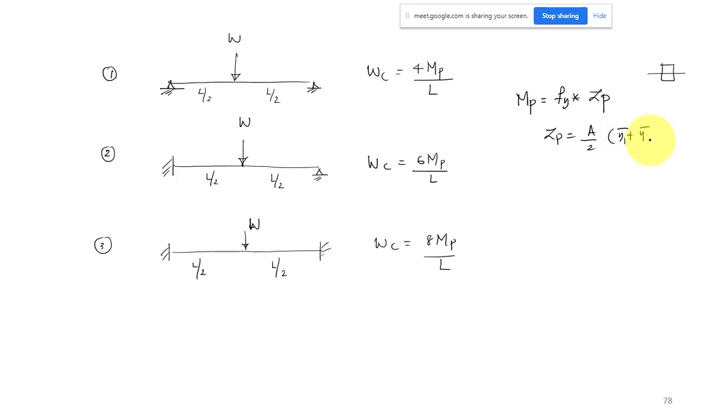So MP is the same in all cases, provided the cross section and material are the same. But the collapse load is higher for the fixed beam, because it depends on your support conditions. If you make the beam very rigid by fixing both supports, it can take more load before failure. That is what these equations tell us: 8 MP by L, 4 MP by L, 6 MP by L.